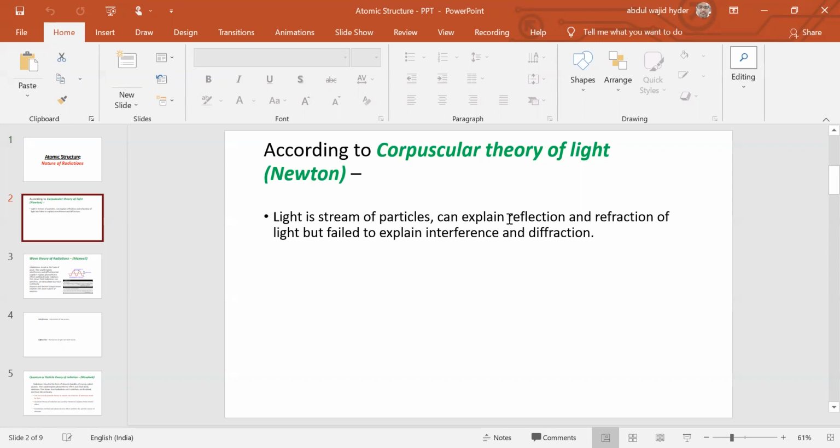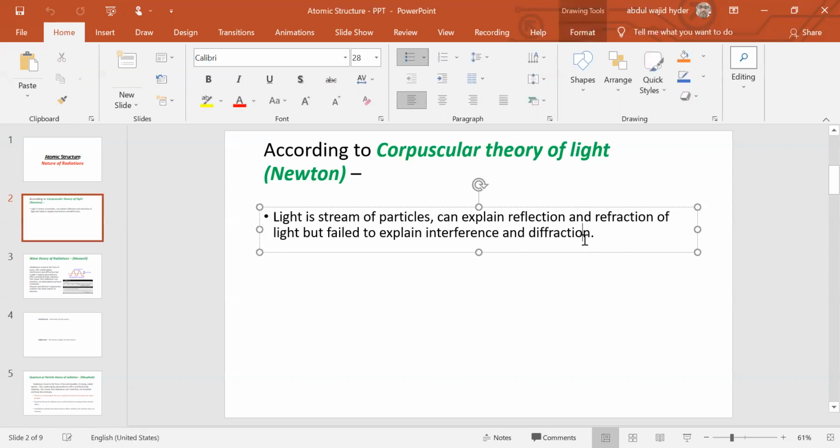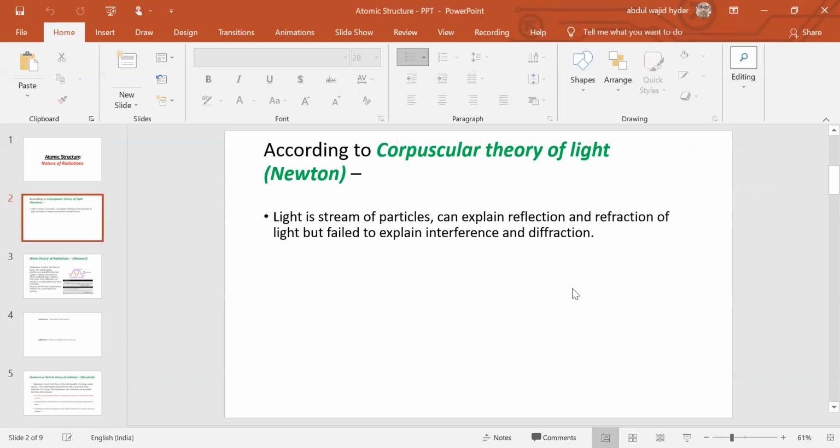So reflection and refraction could be explained with the help of this corpuscular theory of light, but this theory is unable to explain interference and diffraction. I'll let you know what the meaning of interference and diffraction is.